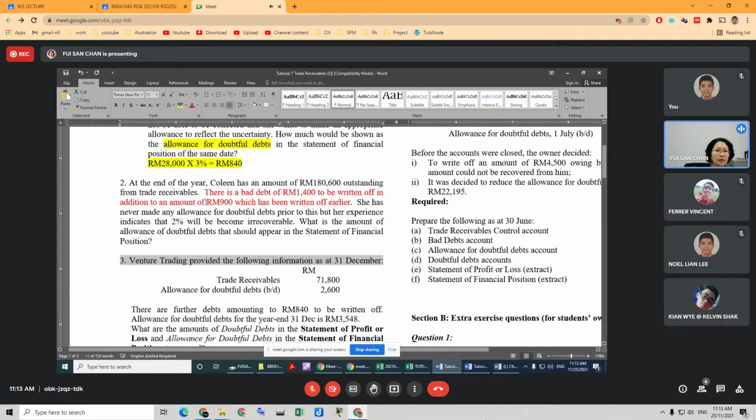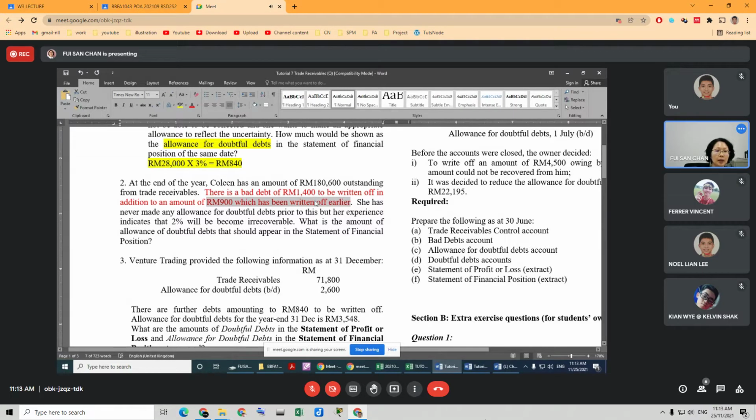Meaning this 900 is already a bad debt, which we already deducted from this amount. Now the question says we have another 1,004 to be written off.